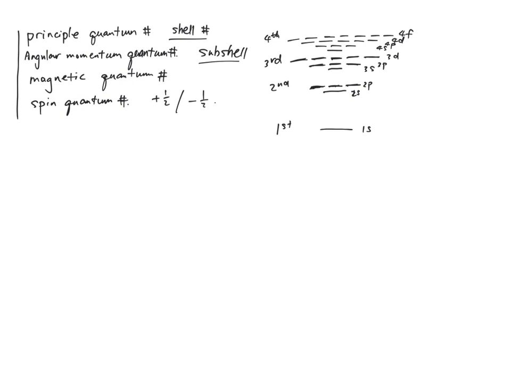In a way, I have a metaphor that may help you understand how this works. You can view this four quantum number system just like a university's dorm system. What do I mean? Well, the principal quantum number tells you which building you're in. The angular momentum quantum number tells you which floor you're going to be on within the building.